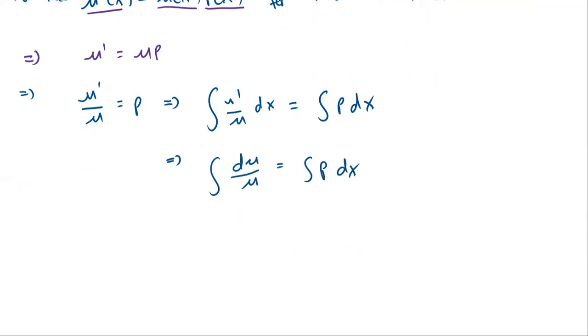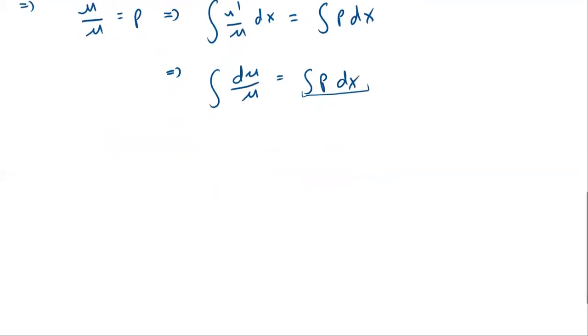Now, we can't actually find what this right-hand side is, because we don't know what p is. So let's keep focusing on the left-hand side. An antiderivative for this is the natural log of the absolute value of mu, plus a constant, equals the integral of p dx. Move the constant to the other side.